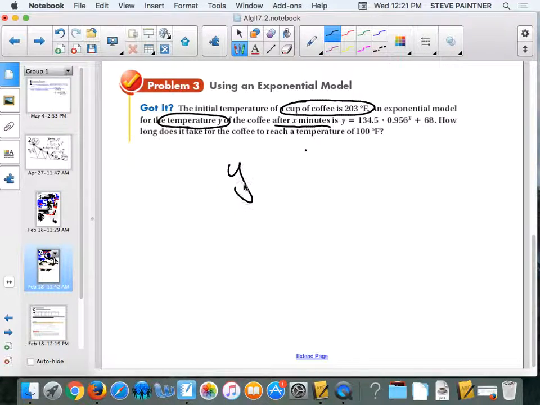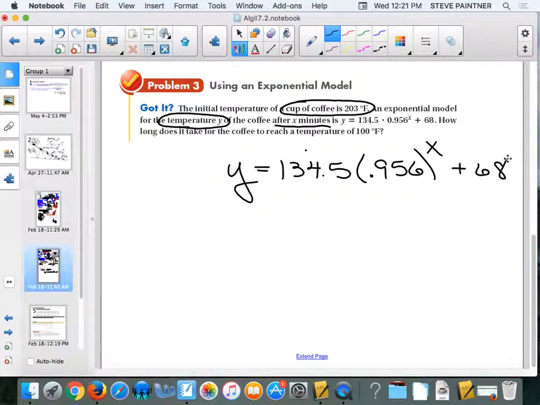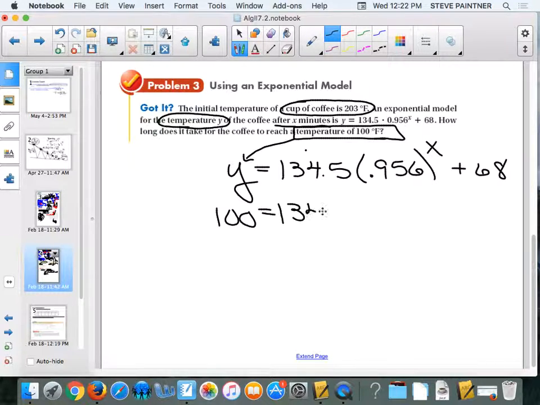Y equals 134.5 times 0.956 to the X plus 68. How long does it take for your coffee to reach a temperature of 100 degrees? Where does this go? Temperature 100. Okay. So here's your problem, guys. Go get me an answer.